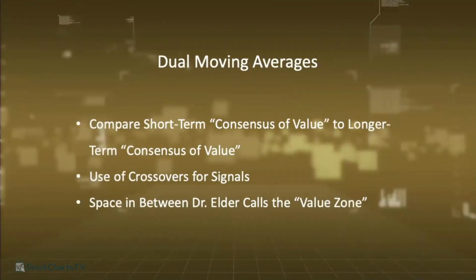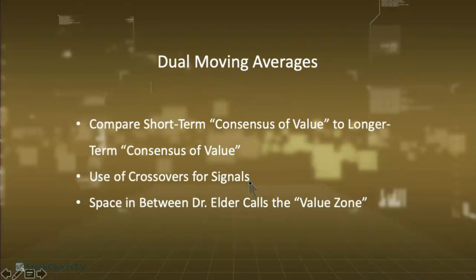All right, dual moving averages. This is where we look at the crossovers, but Dr. Elder calls it a value zone, a consensus of value, because you're looking at the long-term EMA, for example, and then a shorter-term EMA, and so that space in between, he's saying, is that consensus of value.